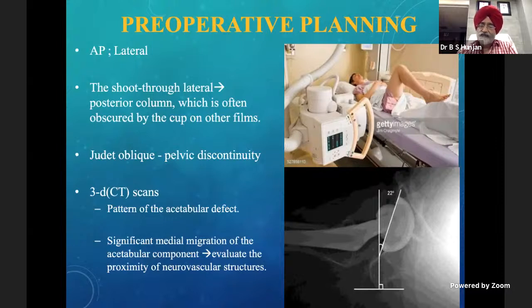The Judet view also tells us about pelvic discontinuity, and we can have 3D CT scans. This tells about the pattern of the acetabular defect and significant medial migration of the acetabular component. It is to evaluate the proximity of the neurovascular structures around the acetabulum, especially the sciatic nerve.